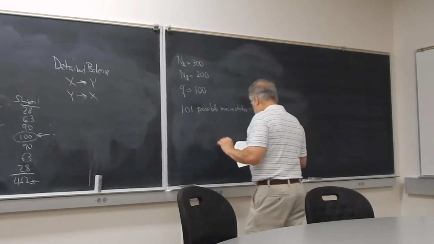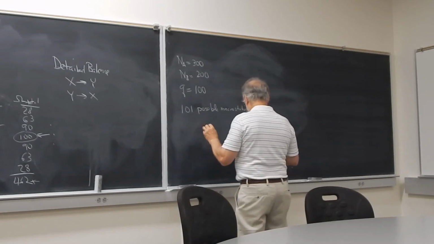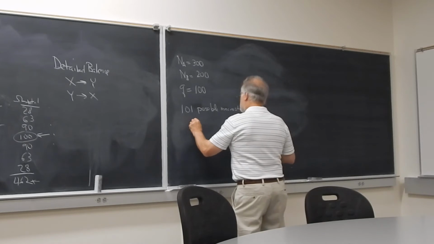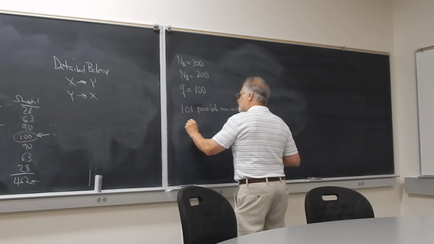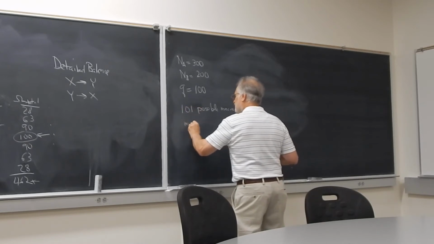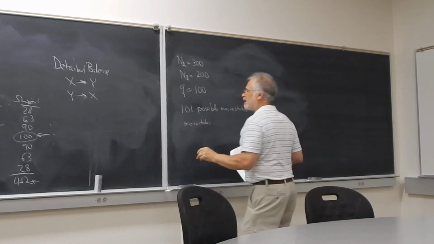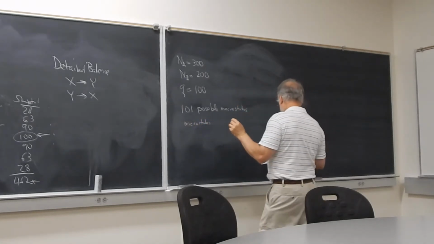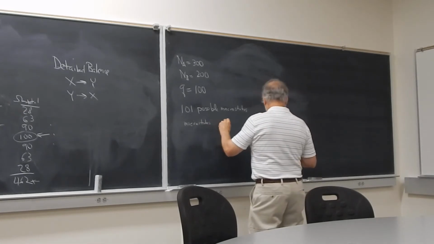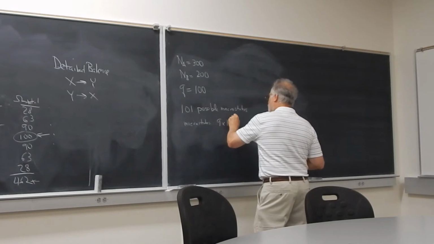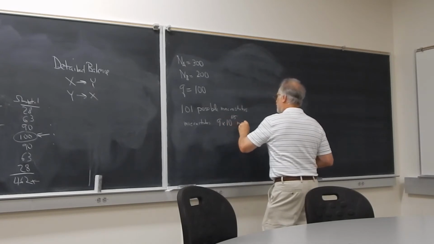So let's look at one. The total number of microstates, if I were to do the calculation, and this would probably make your calculator blow a diode or something, would be something like 9 times 10 to the 115 microstates.